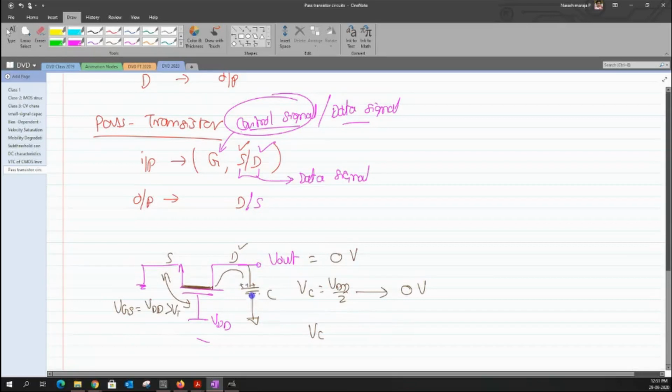When there exists a path, whatever charges you have stored can be completely discharged, and the voltage would be driven all the way to logic value 0. Which means that the NMOS is a good conductor of logic 0 value. That is the conclusion that I could derive from this particular circuit setup.